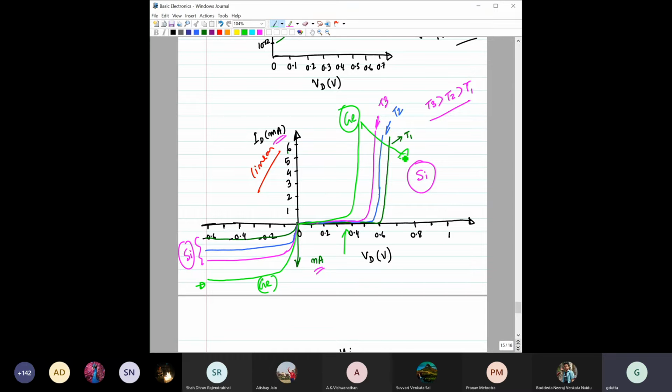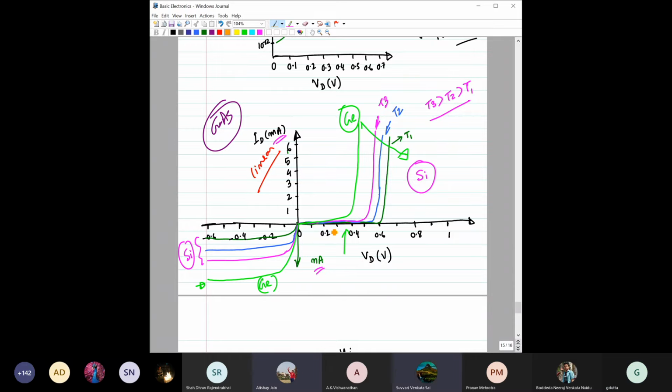That is obviously one of the reasons, but there are other reasons as well for moving to silicon. Now, we understood germanium and silicon, but what about gallium arsenide? We can also make a compound semiconductor p-n junction. Then can anyone tell me how the characteristics of gallium arsenide would look in the same plot?